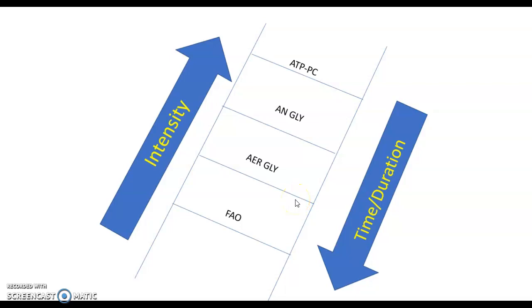Most of you should have stayed in aerobic glycolysis for the majority of that workout, with the exception of maybe the 75% and 85% five-minute intervals that we had you do. At that point, you would more than likely have moved into anaerobic glycolysis.